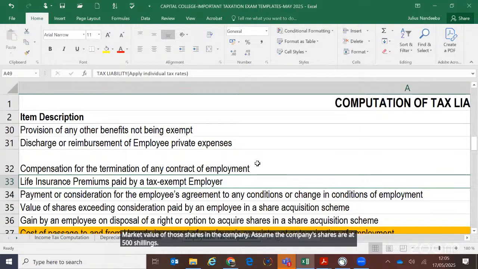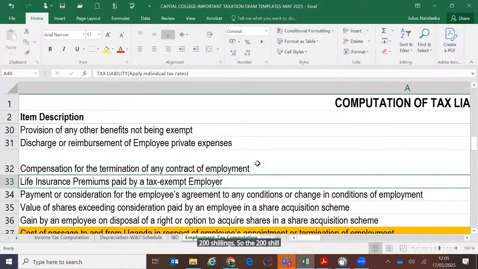But they have given you these shares at 300 shillings. What is the benefit? 200 shillings. So the 200 shillings times the number of shares they have given you is your benefit. Because any other outsider will buy the shares at 500. For you, they have given them to you at 300. Meaning the 200 is a benefit times the number of shares.